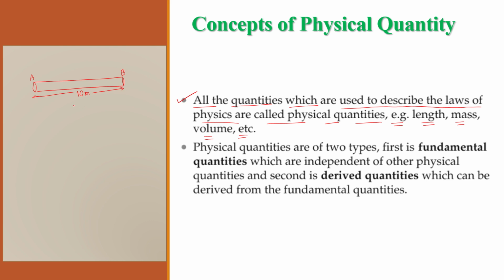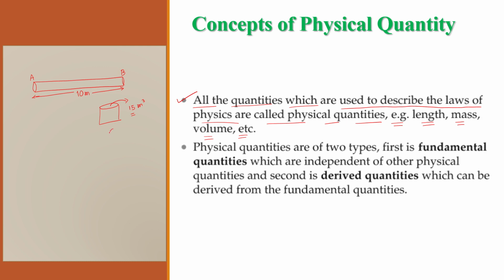So the length of the rod is a measurable quantity and its length is 10 meter, and we are considering the volume of a cylinder, and the volume of the cylinder is, as for example, 15 meter cube. So it's a measurable physical quantity.